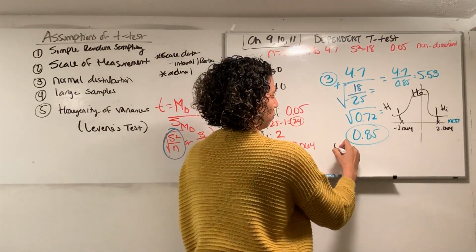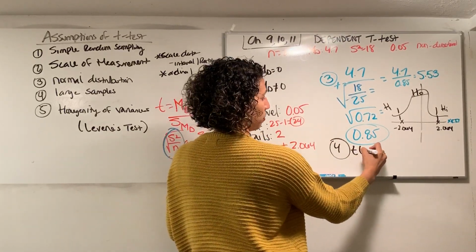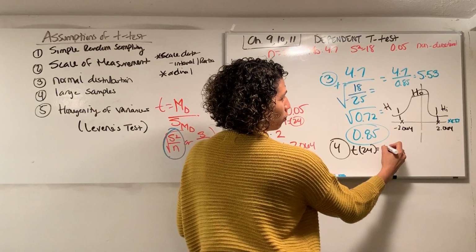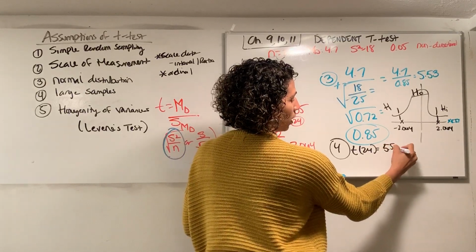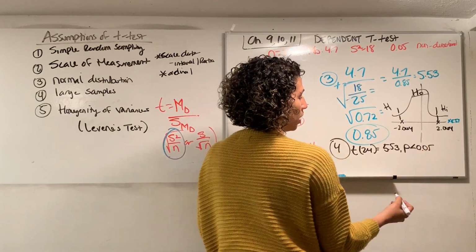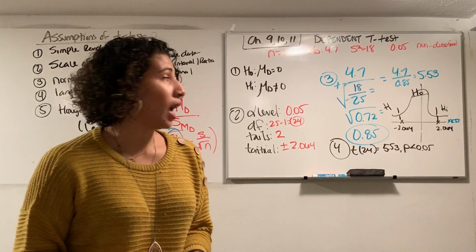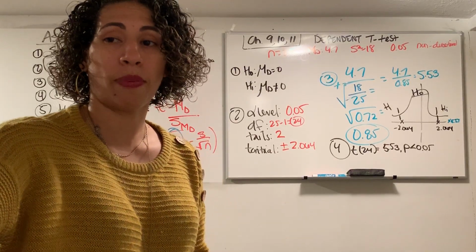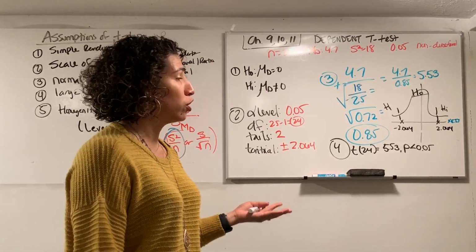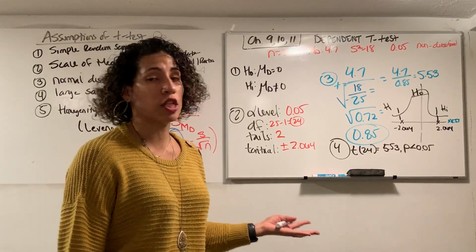So, step 4, T, degrees of freedom came out to be 24. Our value was 5.53. Our p-value was less than 0.05. So we were in the tail, right, in the significant area, and you write a paragraph. You're simply going to write a paragraph explaining that process, saying that researchers want to determine the sleep effects of students' problem-solving skills. A dependent t-test was run.